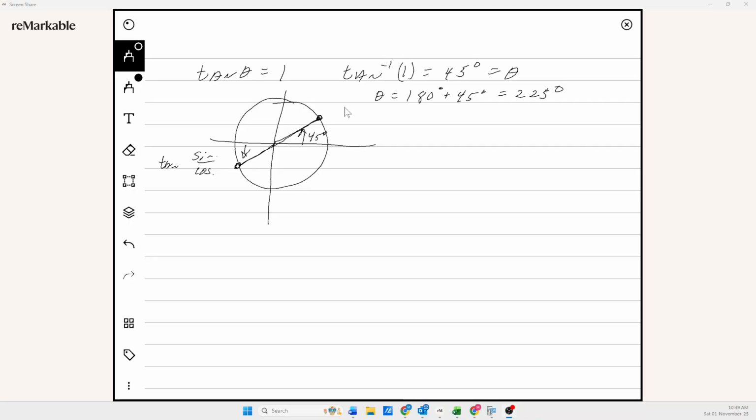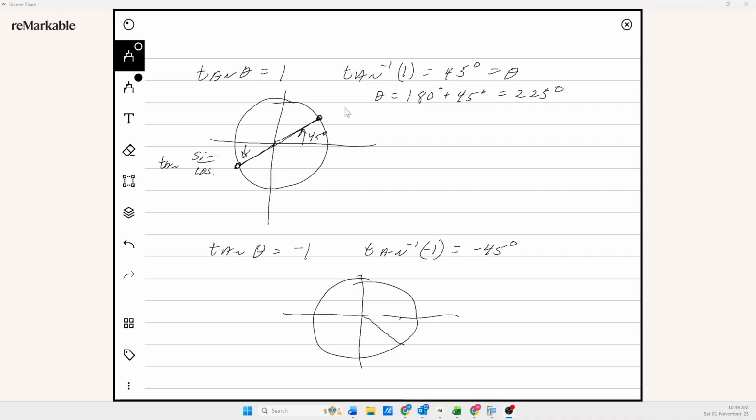And what if it was the tangent of theta equal to -1? Well, now when I do the inverse tangent of -1, I'm going to get -45 degrees. So now I'm down here, and this is minus 45 degrees.